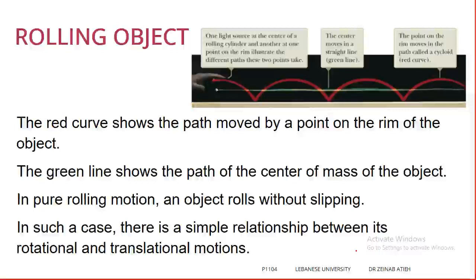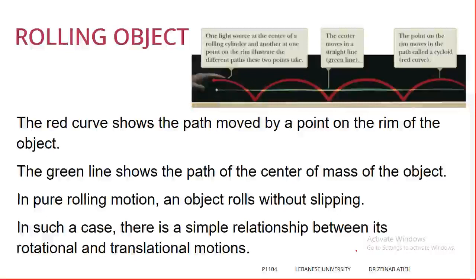So these two points belong to the same cylinder and they have different path. The red curve shows the path moved by a point on the rim of the object. It's on the periphery of the object. The green line shows the path of the center of mass of the object.